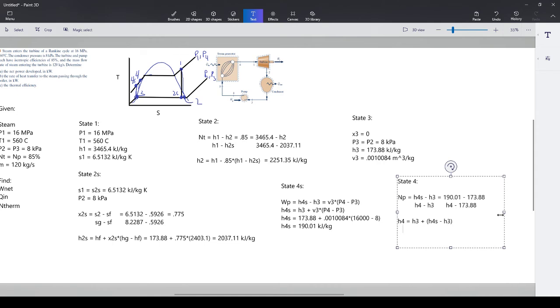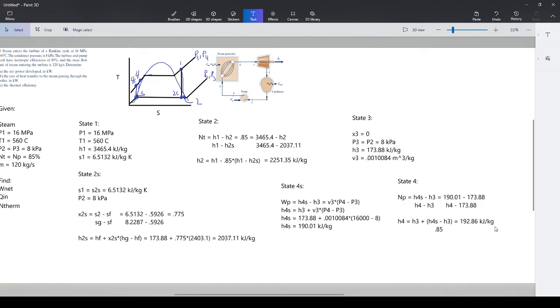And you will be dividing that part by the efficiency of the pump, which is, in our case, 0.85. So it's just this. It's this plus this right here. And if you do this, you will get 173.88 plus 190.01 minus 173.88 divided by 0.85. I got 192, so 192.86 is our answer.